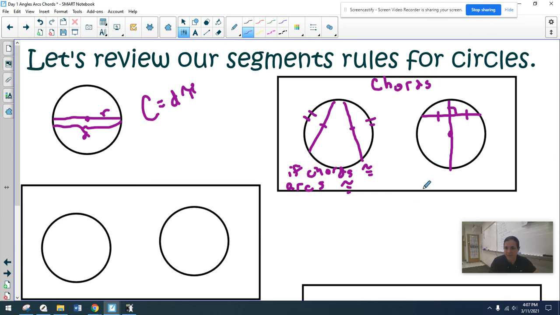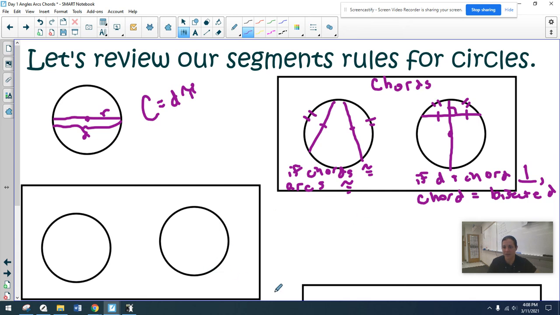So easiest way to put it, if diameter and chord are perpendicular, then the chord is bisected. Okay? And then, of course, if those two are equal to each other, that's going to make these two equal as well. So those are your starts. That's the two that I wanted to start for that one, for the segments.